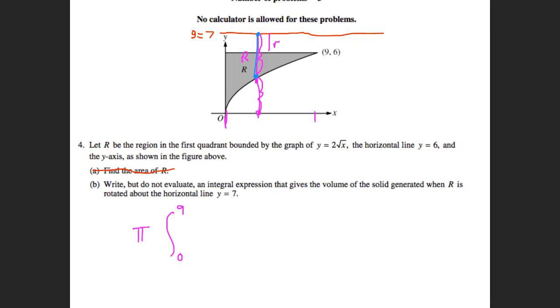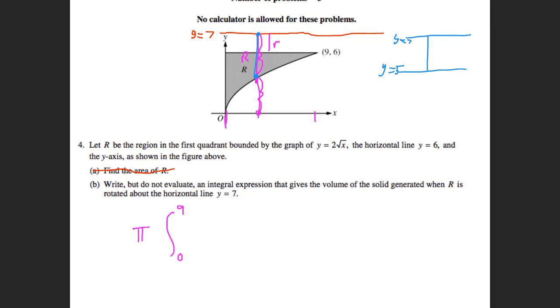Let's say one of my equations is y equals 7, and my other equation is y equals 5. What is the distance between y equals 7 and y equals 5? 2. How did you find that?